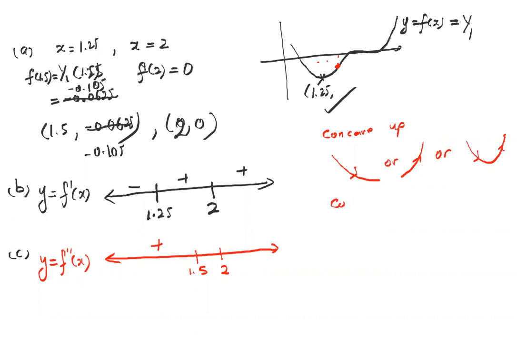If you say concave down, it can go like this, or like this, or like this. So for this part, you see, is concave down. Correct? So negative. Then after this point 2, then it is concave up. So positive.